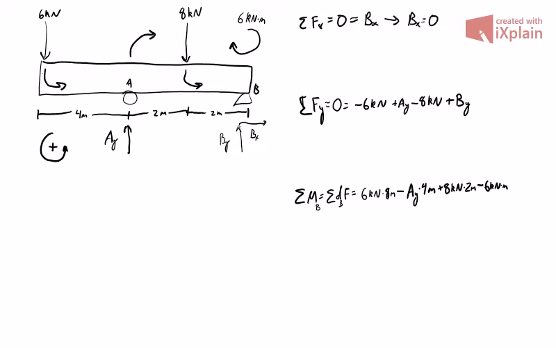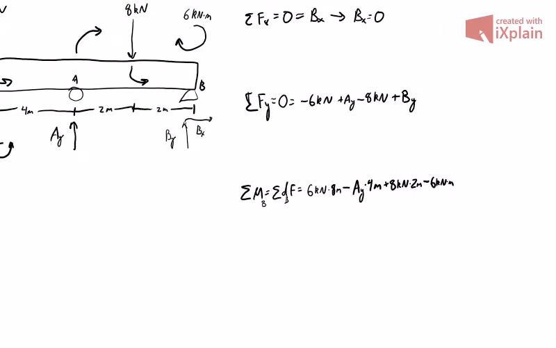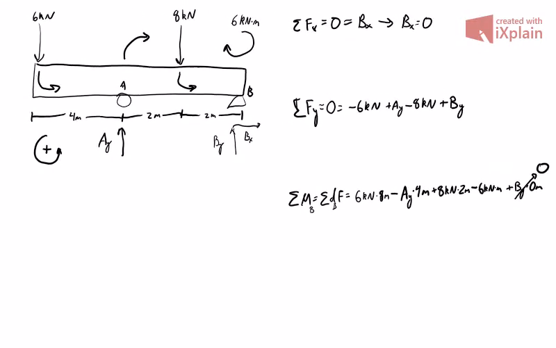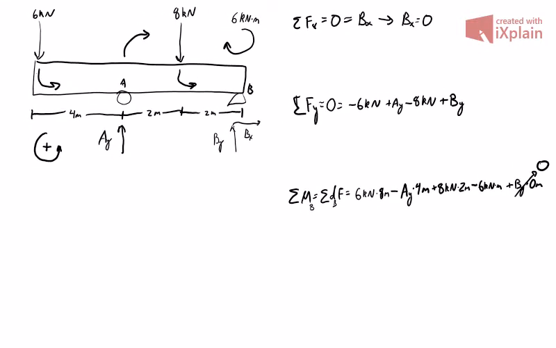And then By is at the point of rotation, so it's going to be multiplied by a distance of 0. So that one doesn't come into this. If you technically want to write it, we can say plus By times 0 meters. That's 0.